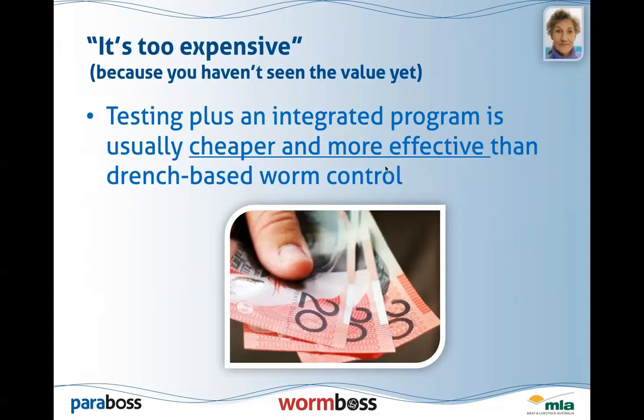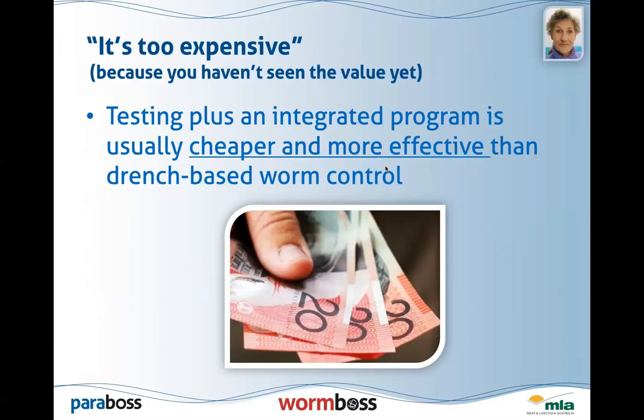But it won't be cost effective because you will already be suffering production loss, and the value of that production loss will have been more than the cost of testing. So if you use tests, even though there's a price to them, if you use tests with an integrated worm control program, you should be able to control your worms better and more cheaply than not using testing.